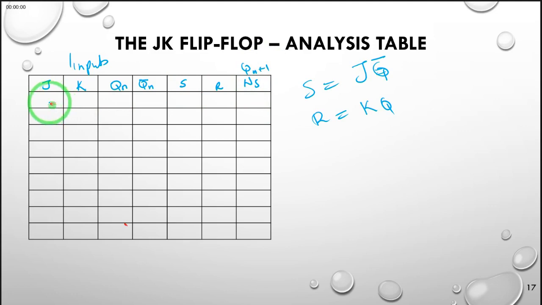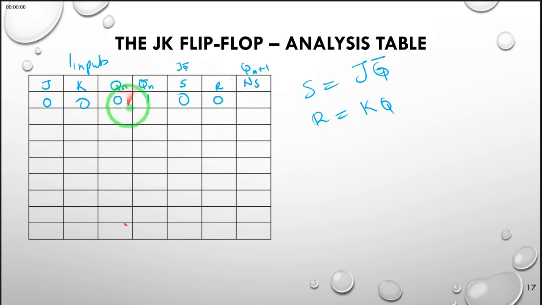For instance, let J be 0 and K be 0, and the previous state was 0, so Q bar will be 1. What will be S? S is J and Q bar, which becomes 0. And R is K and Q, which is 0.